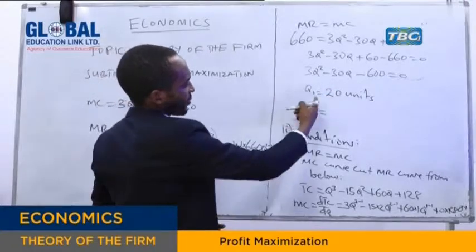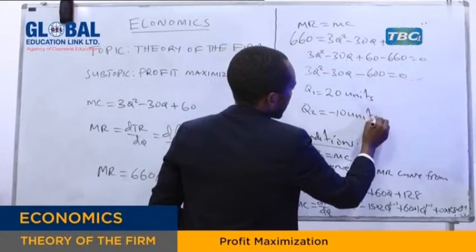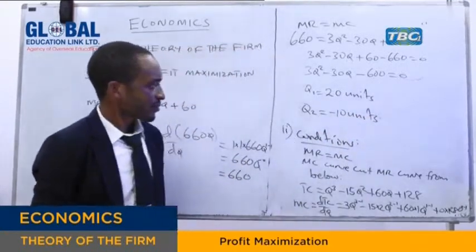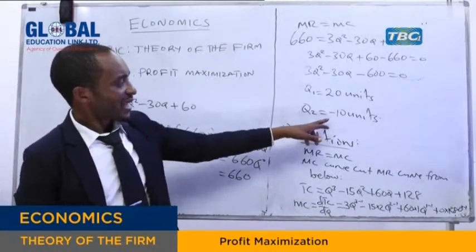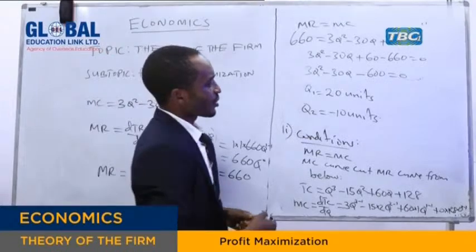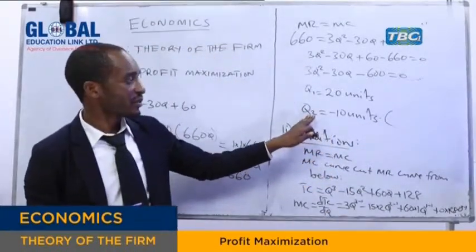The first, Q1, will be 20 units and the second, Q2, will be negative 10 units. This negative value does not exist, since we don't have a negative number of commodities sold.